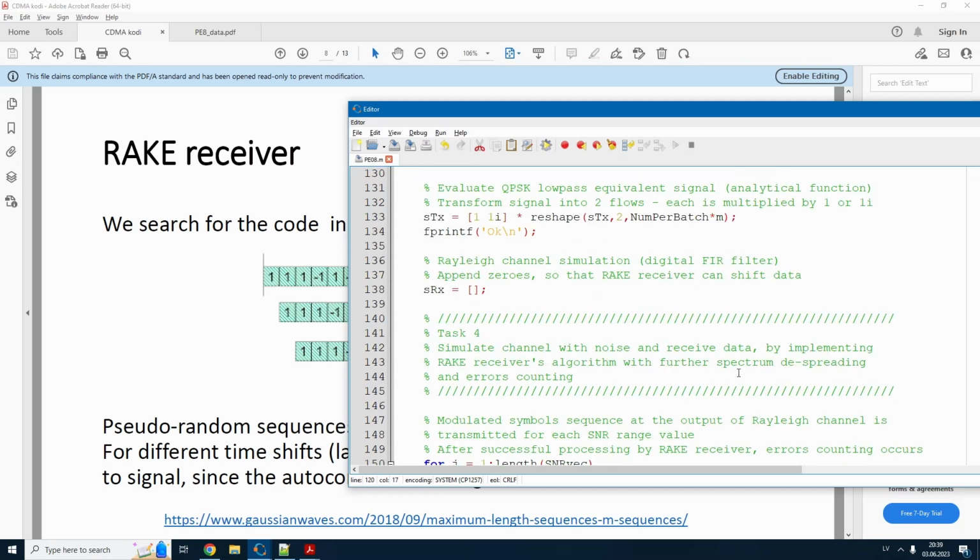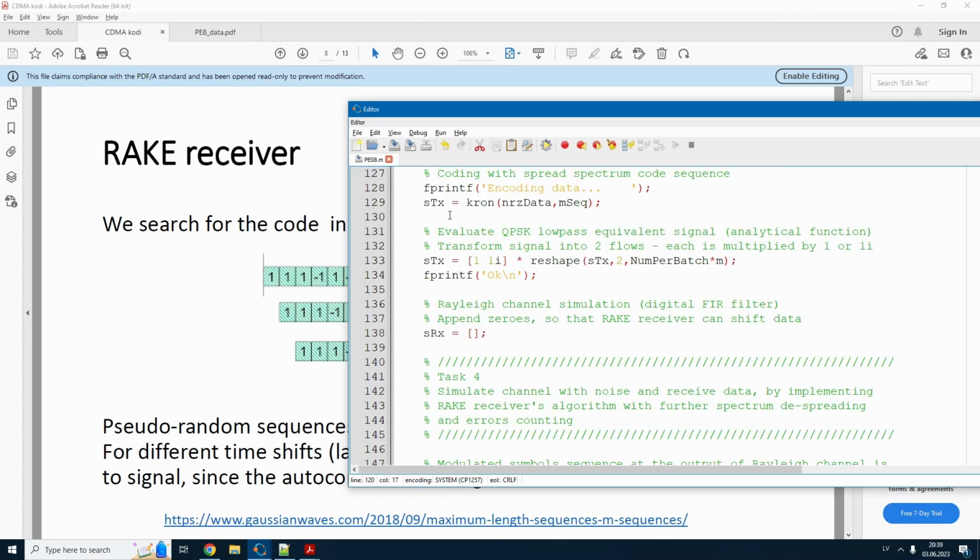So the total number of data here in this sequence is this one multiplied by 2. Number per batch, M symbols per each bit, and accordingly 2 bits per one symbol. This 2 goes from here. So we have 2 here, we remove this 2. So total number of symbols is still double num per batch multiplied by M.